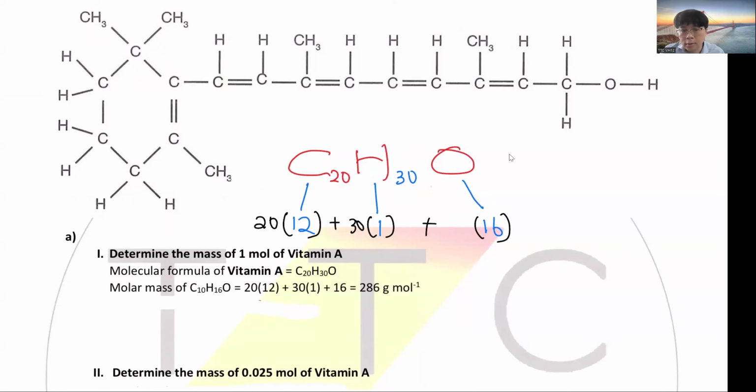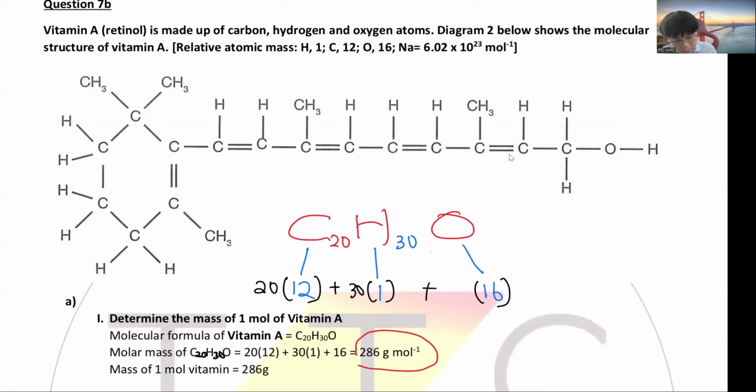How do you get C10? Oh no, this one is a typo, 20. Okay, then after that, use the formula we mentioned. So this 286 gram per mole is given here, C and H and O.